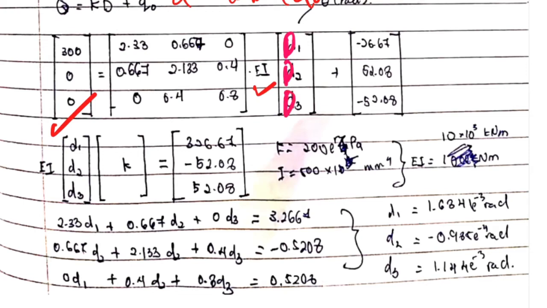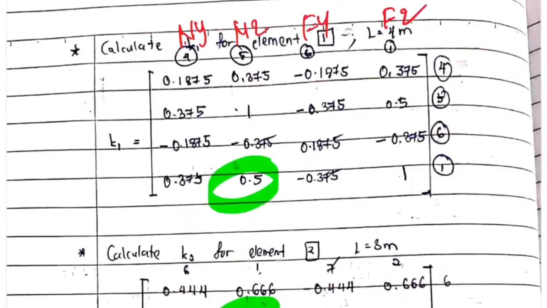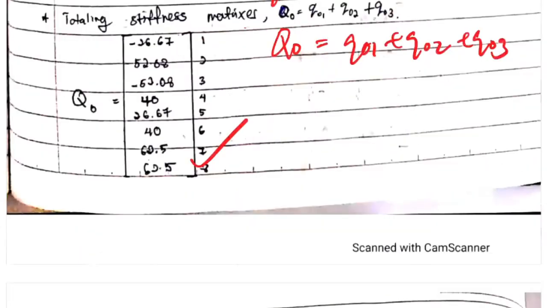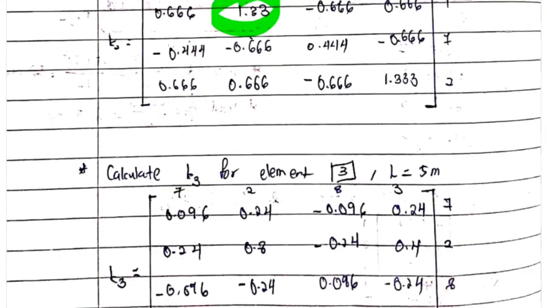Then plus Q naught, which we get from this: 1, 2, 3, negative 26.67, 52.08 and negative 52.08. So we put it into here.